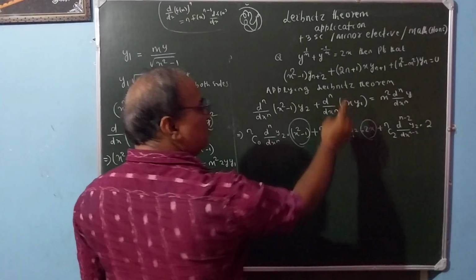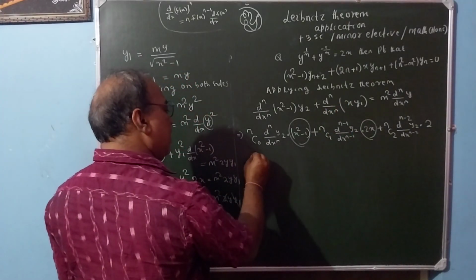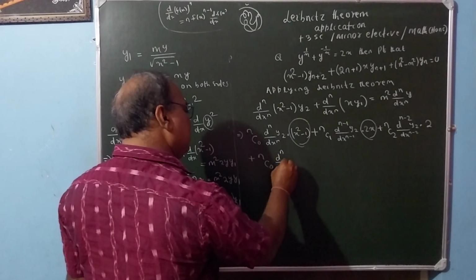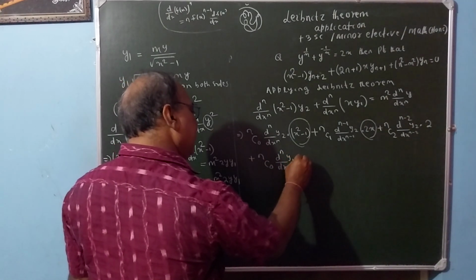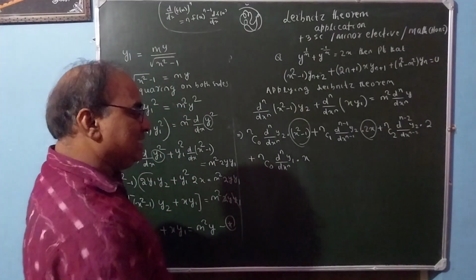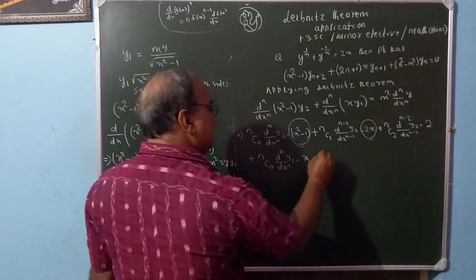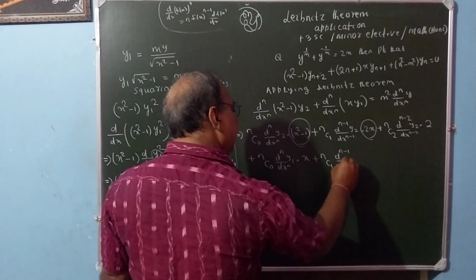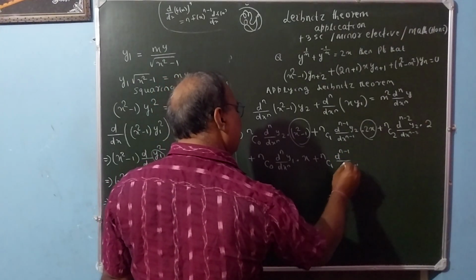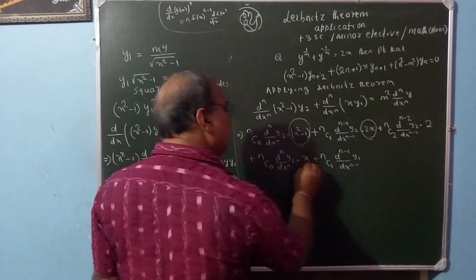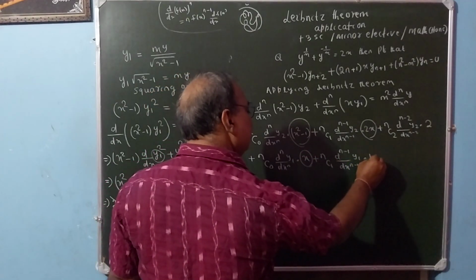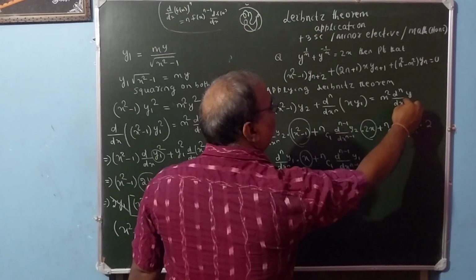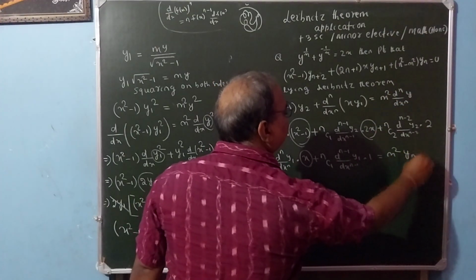Now applying the Leibniz theorem also here. Write down nC0 d to the power n by dx to the power n of y1 into x plus nC1 d to the power n minus 1 by dx to the power n minus 1 of y1 into derivative of x, it is 1, is equal to m square d to the power n by dx to the power n of y, that is yn.